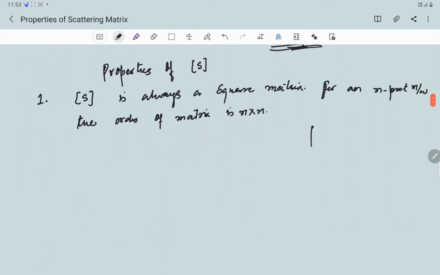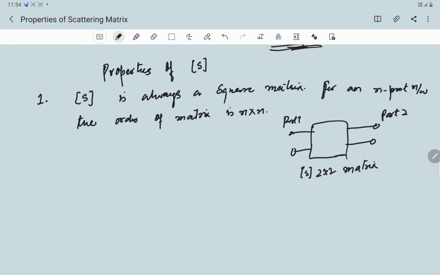Naturally, if I have a two-port network, with port 1 and port 2, the S matrix would be a 2 cross 2 matrix. That would mean it will have these elements: S11, S12, S21, S22. Likewise, for a 3-port network, the S matrix would be a 3 cross 3 matrix. So this is our property number 1.